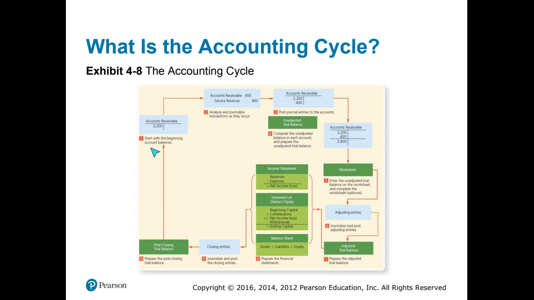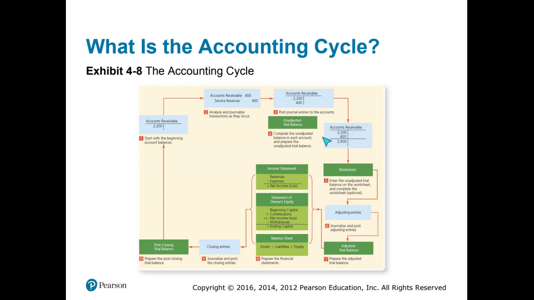We're then going to analyze and journalize the transactions as they occur. So we have accounts receivable of $400 and service revenue of $400. So we are going to bring our accounts receivable over and we're going to add the $400 for accounts receivable here because we're only looking at accounts receivable right now.